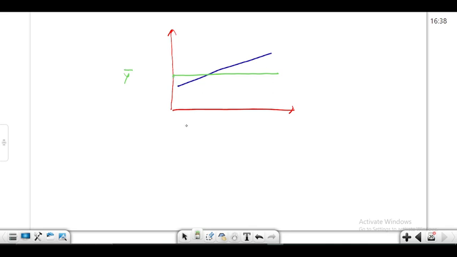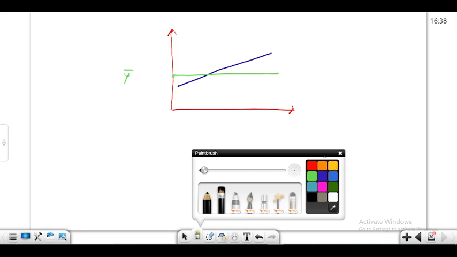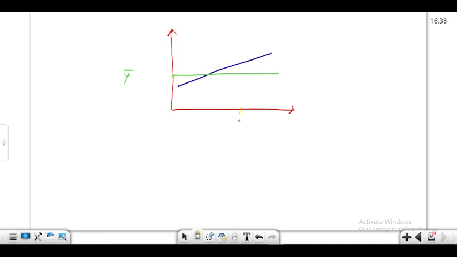Okay, and suppose this is your x, and given this x, your yi value is this.